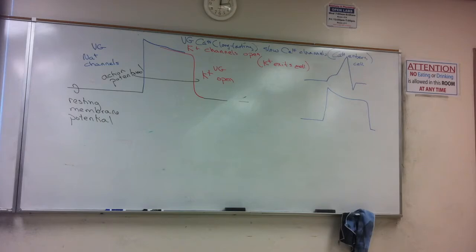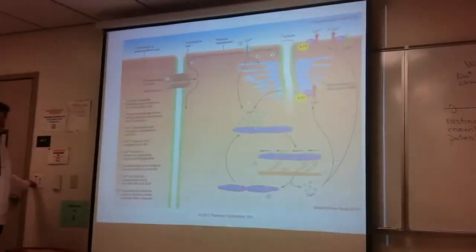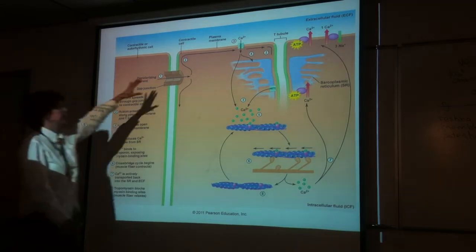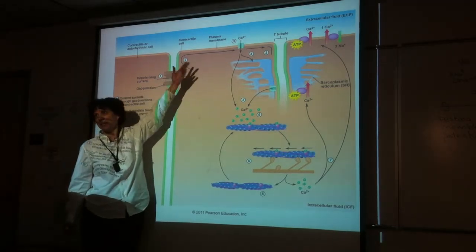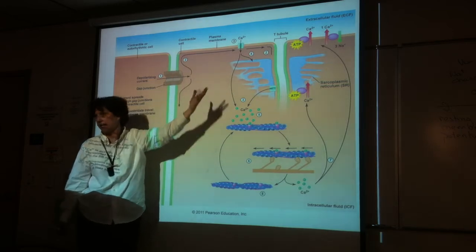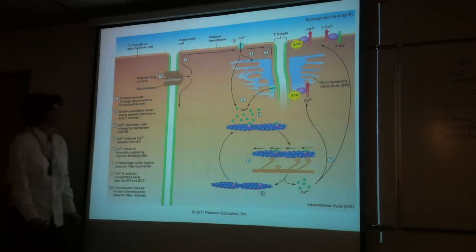So here is a diagram of what's happening in the contractile cell. Very similar to skeletal muscle with a couple of key differences. So in skeletal muscle, we had a motor end plate in which acetylcholine bound to receptors and opened ligand-gated channels, and we had to create a threshold potential.